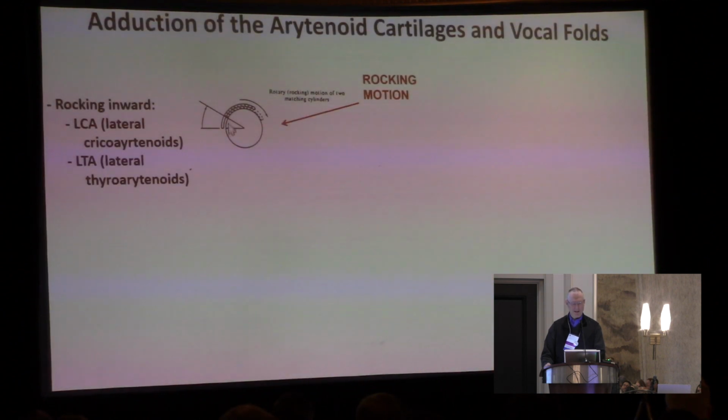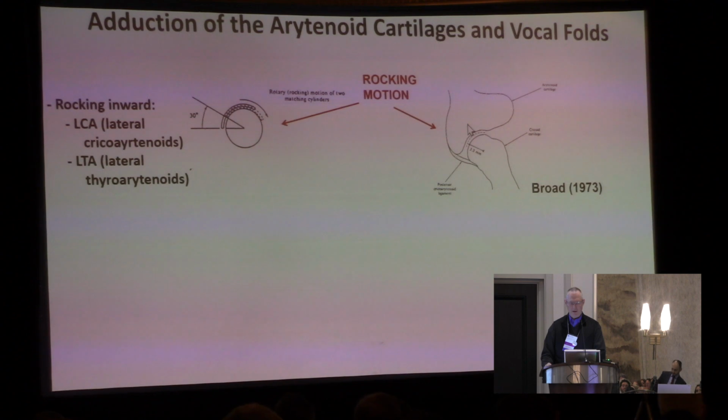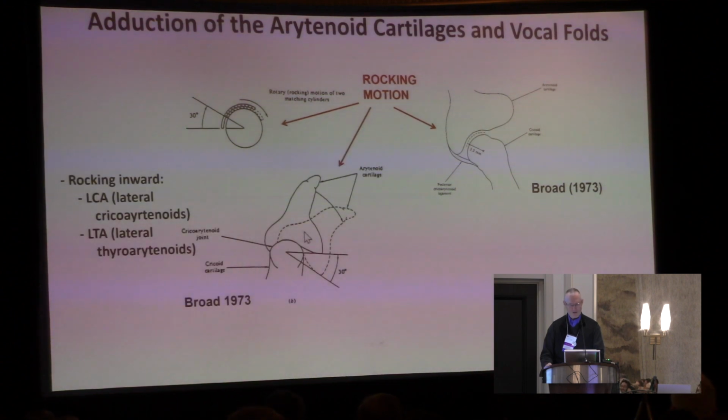So the rocking motion is like a cylinder with something on top, like you have a hand in your fist, something like that, synovially. The arytenoids, again, on top of the cricoid here, it's got a posterior cricoarytenoid ligament. I'm sure you can read that, that's beautiful. And the action here is the arytenoid comes down and in, and David Broad kind of measured that as like 30 degrees and all that scientific stuff.